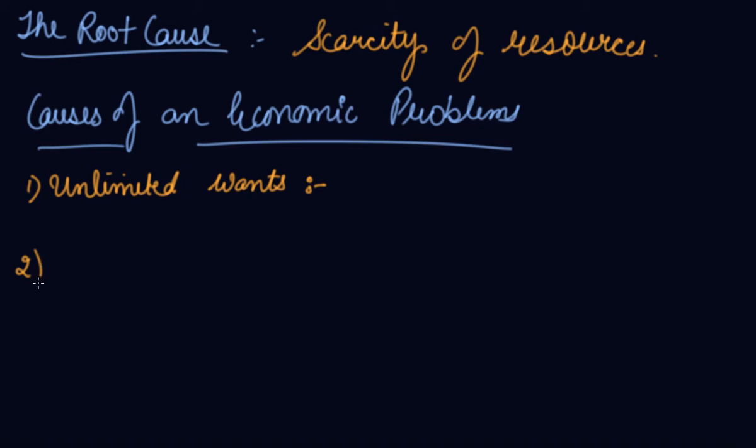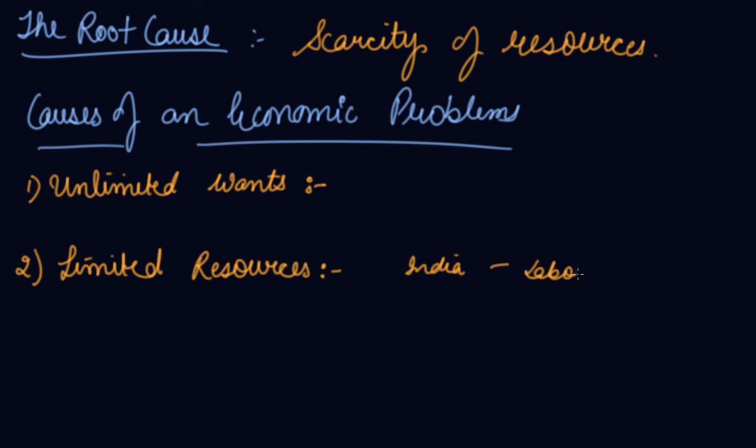The second thing is your limited resources. I told you there is a scarcity of resources, so your resources are always limited. There is a limited amount of resources available in every society. Resources are land, labor, capital, entrepreneur. All the four are required to produce goods and services. No society has enough of all the four. See, if I say India, India has more labor, right?